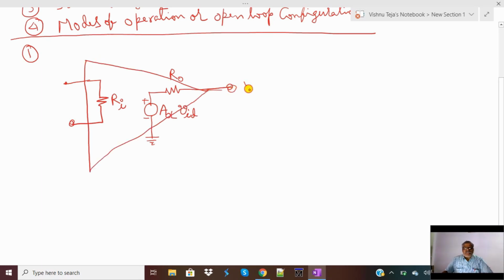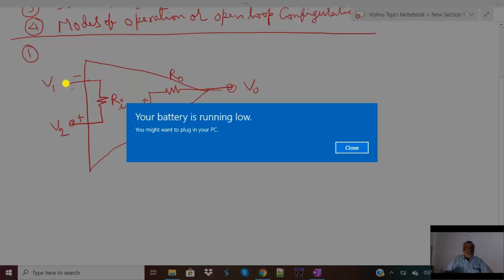This is our output V0, this is our input V1, this is our input V2. Let us call this the inverting input, and this the non-inverting input.